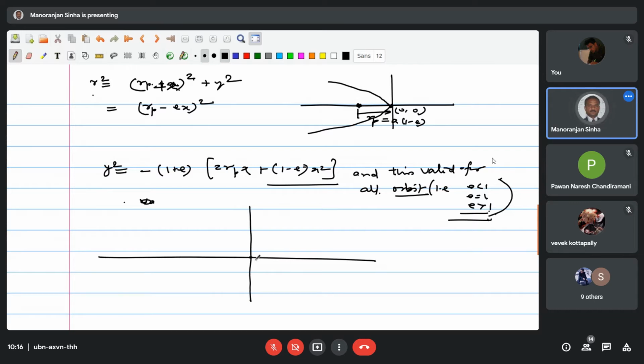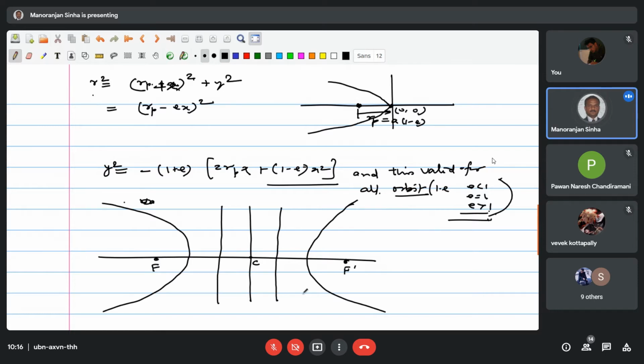In the case of hyperbola, the center lies here, and then we have two directrix here, and then the hyperbola appears like this. This is the focus of the hyperbola. One is the occupied focus and another one is the non-occupied focus, the empty or vacant focus, they say.